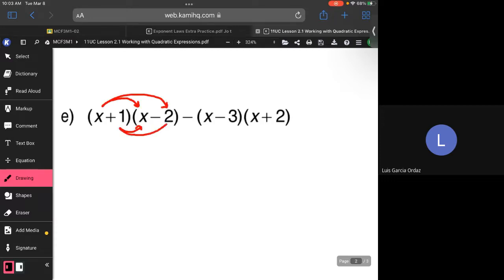Okay. So when I FOIL my first set of brackets, what do I get? Yep. Keep going. Minus 2x squared. No, minus 2x. Yep. Then 1x. Yep. X. Then -2. Yep. -2. Perfect. So then I have minus, and then I can FOIL my next set of brackets.